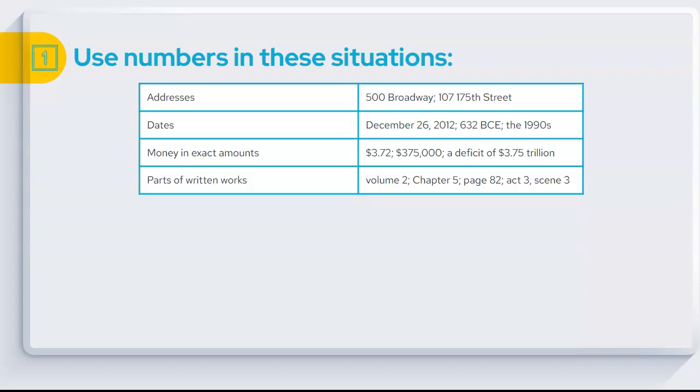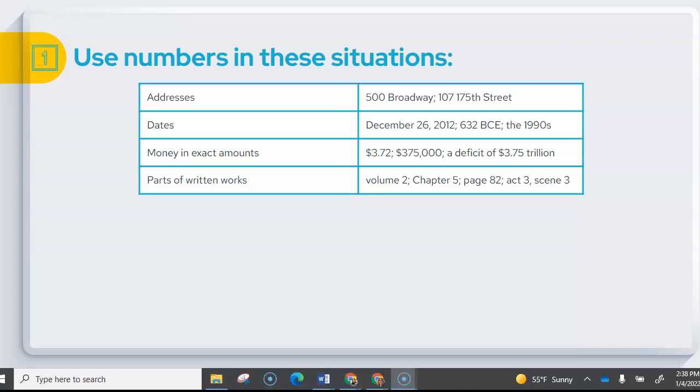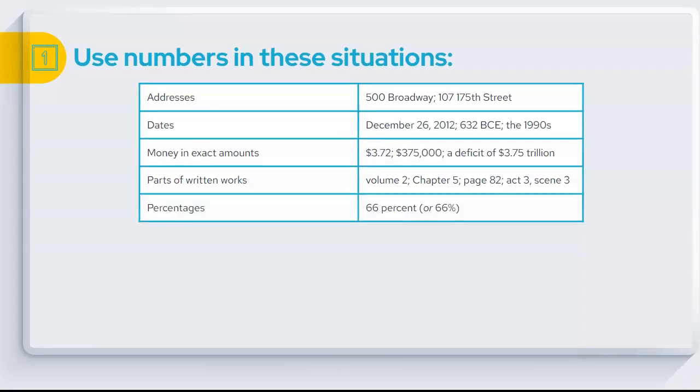Use numerals with parts of written works like a volume number, chapter, page, act, or scene. You also use numerals with percentages, unless it's the first word of a sentence, then you have to spell it out. Ratios, which can be written with or without the colon, still use numerals.